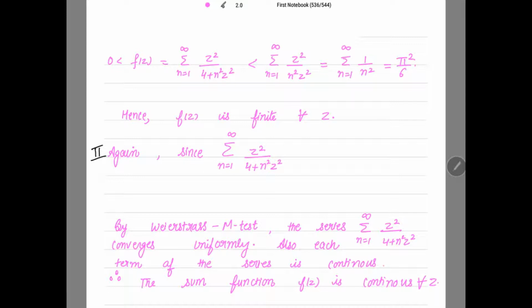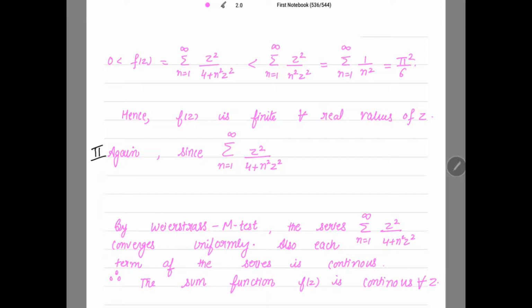Now next, again, for all real values of z, important. Since we have the summation n going from 1 to infinity of z square over 4 plus n square z square, we need to show that the given sum function is continuous.